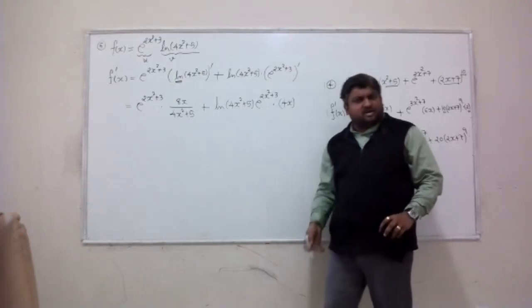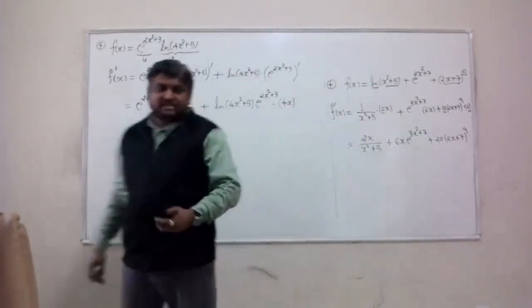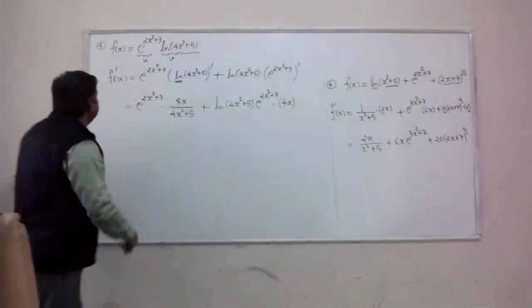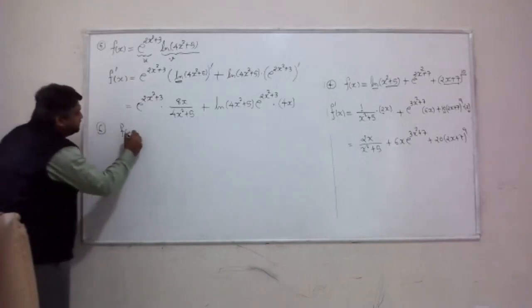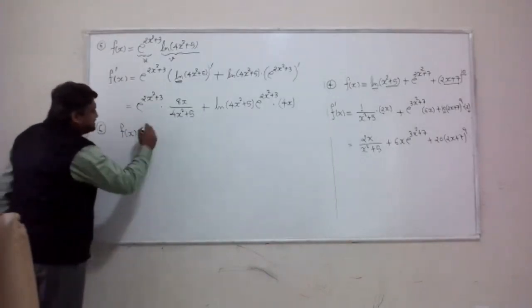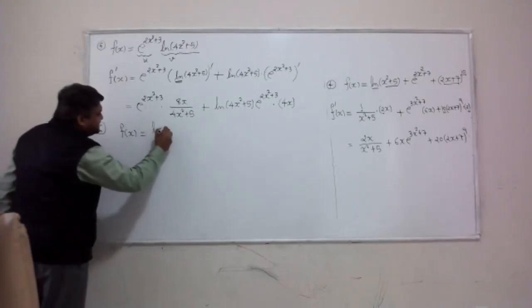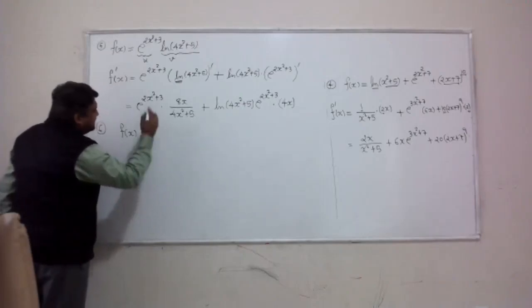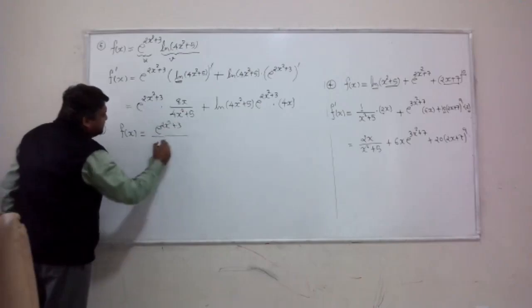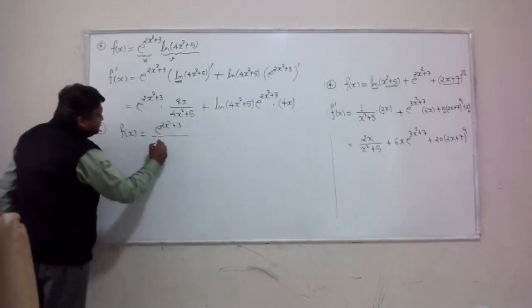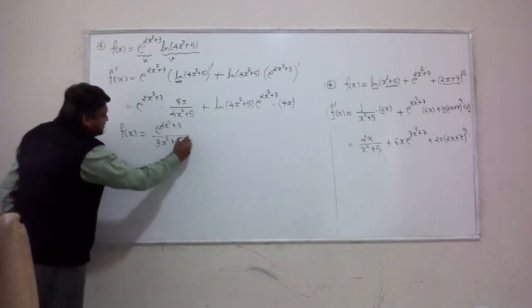All right, let's try the one example where the function can be seen in the form of ratio. Something divided by something, let's say e to the 2x squared plus 3 divided by 3x squared plus 7.